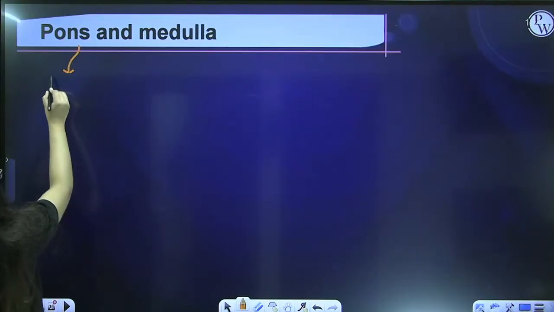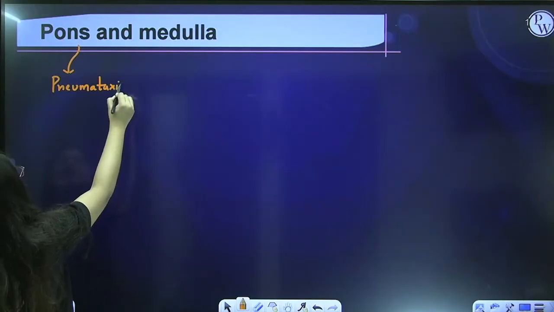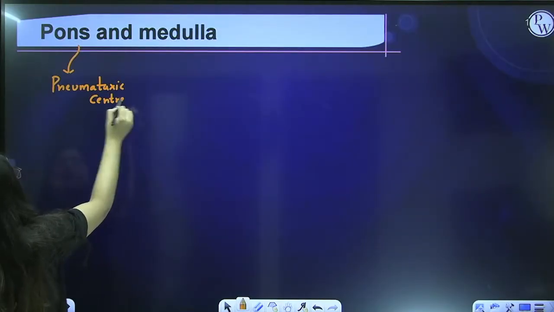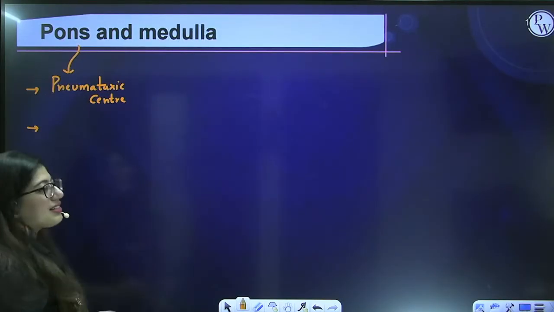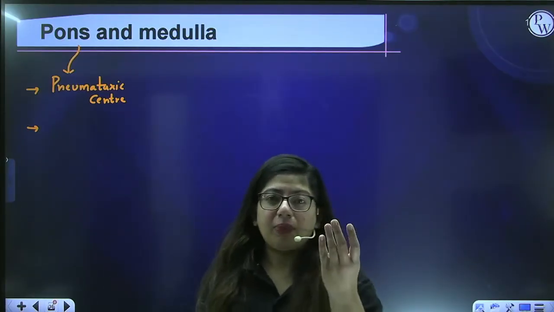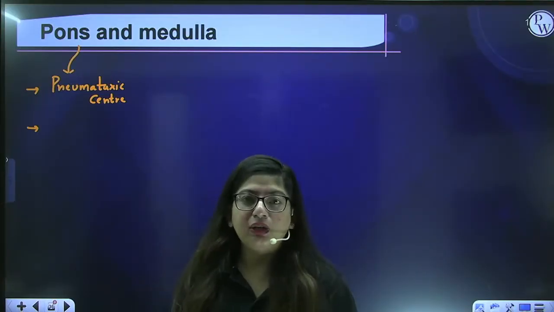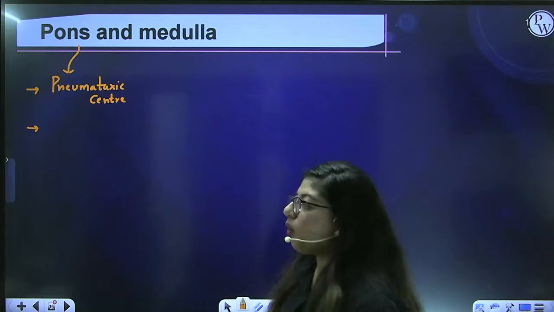All right. Okay, next we have our pons and medulla. Pons is the one which has a pneumotaxic center, and the pneumotaxic center is the switch off center for breathing. Also, pons is the structure that will connect your upper part of the brain, that is your midbrain, and lower part of the brain, that is your medulla, with the cerebellum. So how is it positioned?